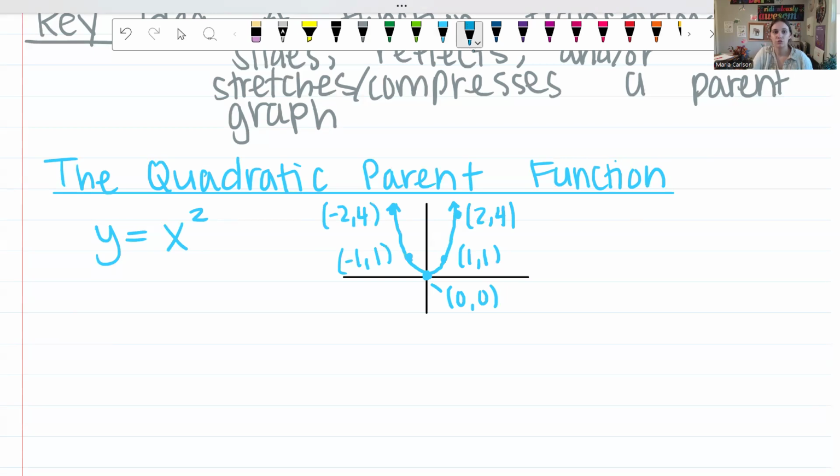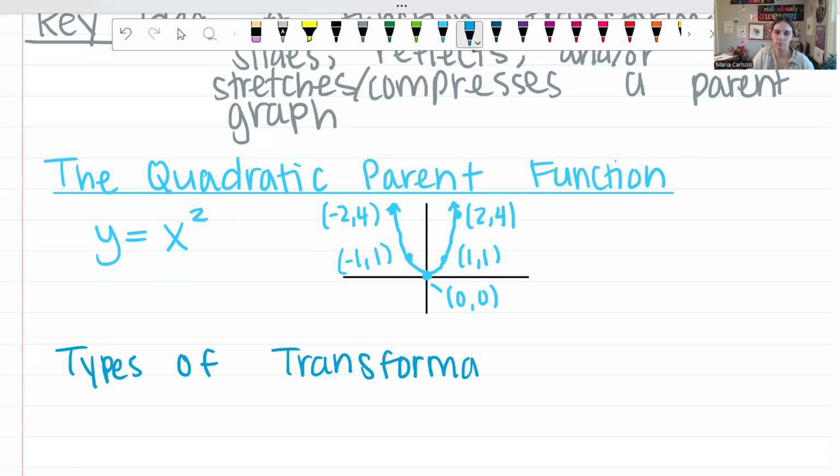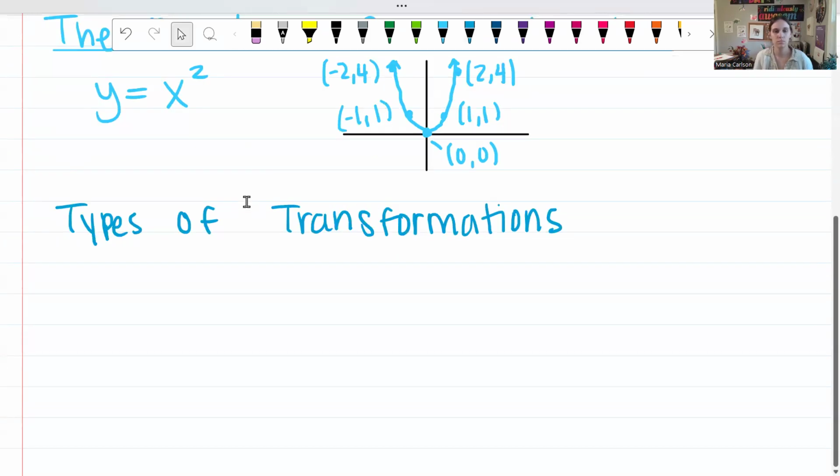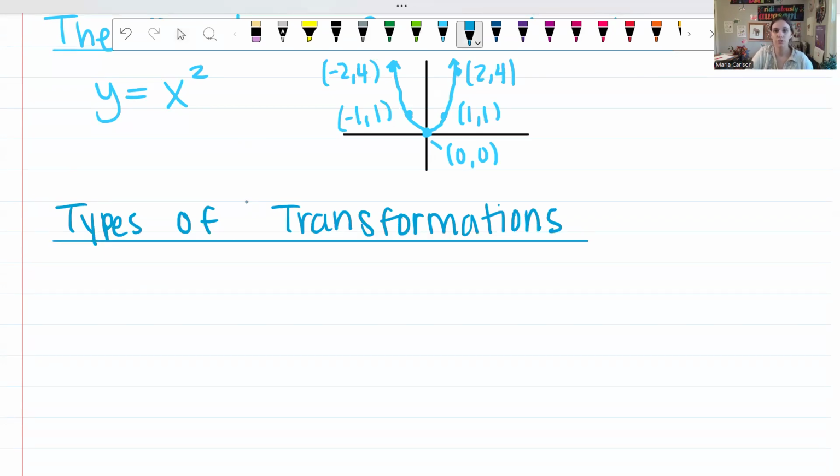Now, how can we transform this? We have three main types of transformations that we will be working with. So the first type of transformation is a translation.